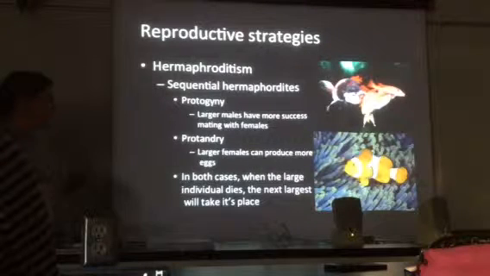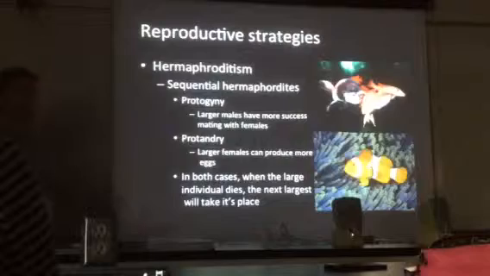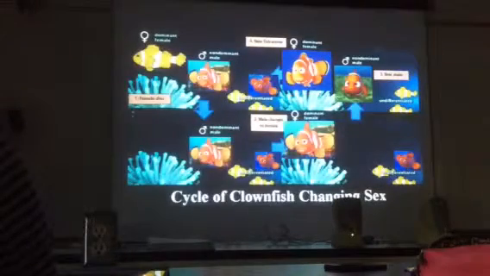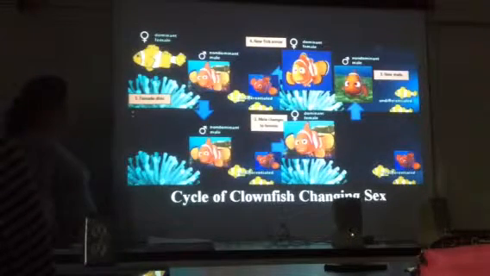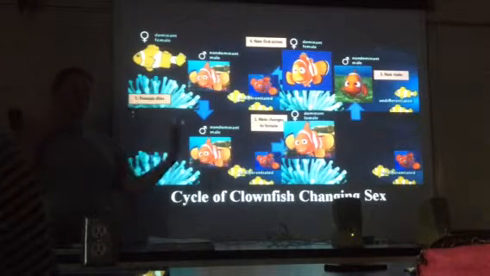When an individual dies, usually the next largest will be the one to replace it and change sex. If we take the clownfish as an example, if a female dies, remember these are protandrous, so the older, larger individuals are the females.